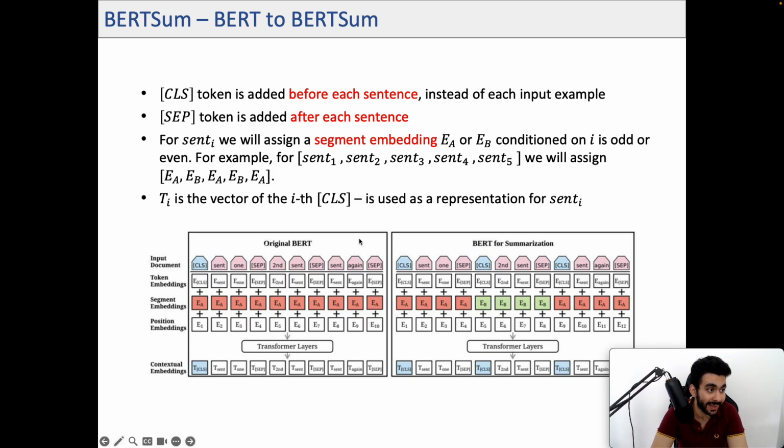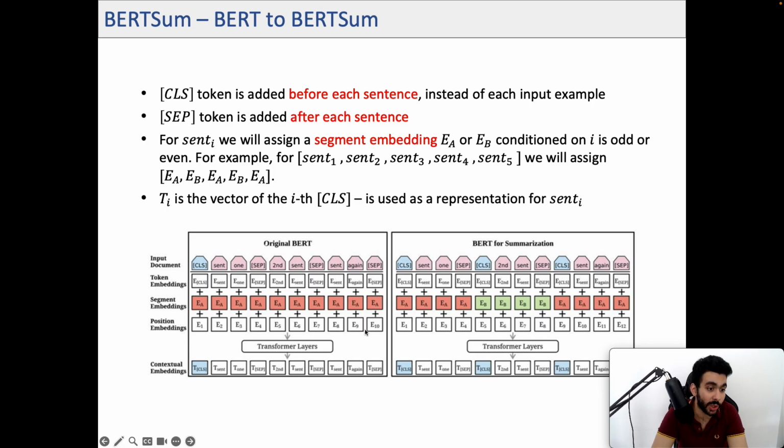The SEP token is added after each sentence as well. And then a segment embedding is also applied here that separates between different sentences, like you see here, EA, EB, and then reflects back to EA.